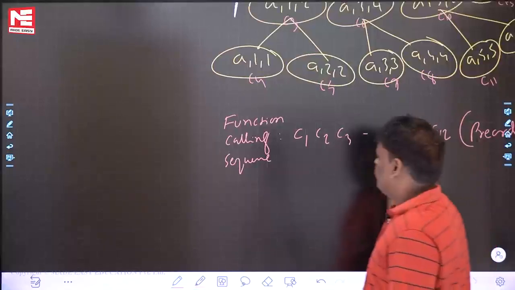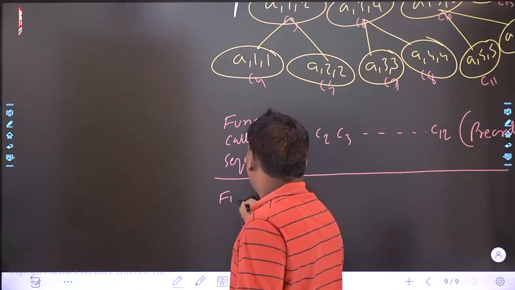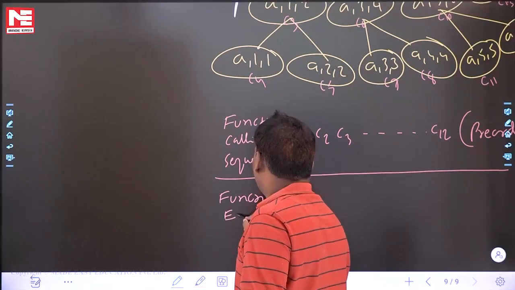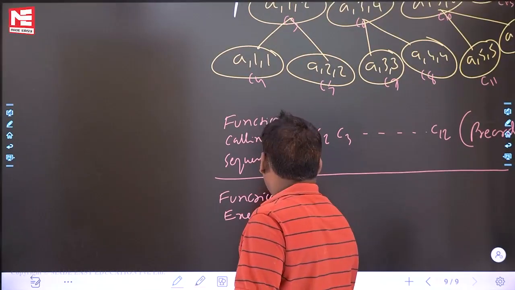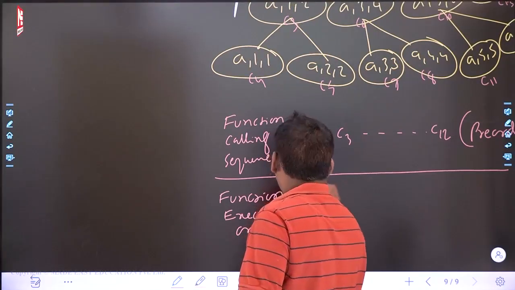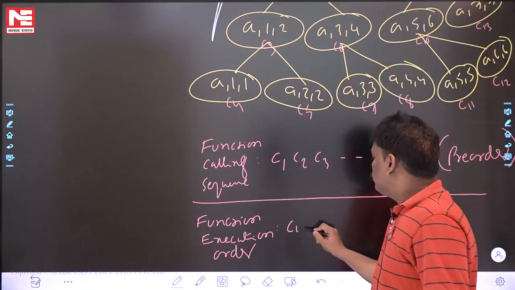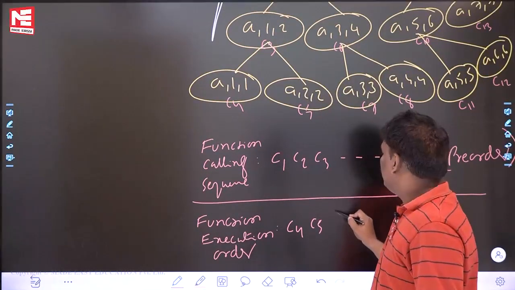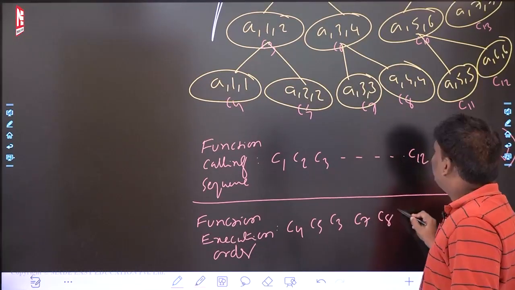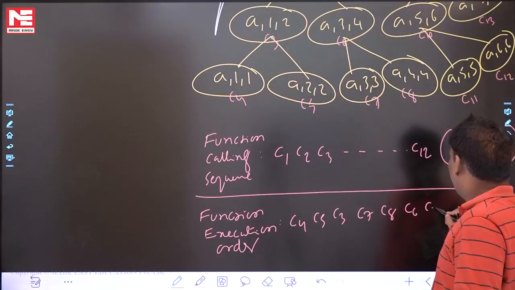Let me write now. This is called function execution order. Can you see what the function execution order is? Please see properly. First C4, next C5, then C3, next one C7, next one C8, next one C6, next C2.